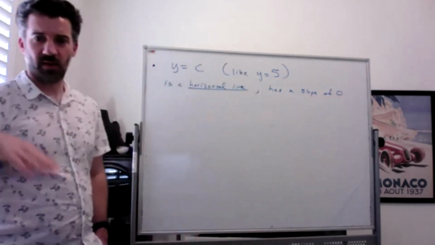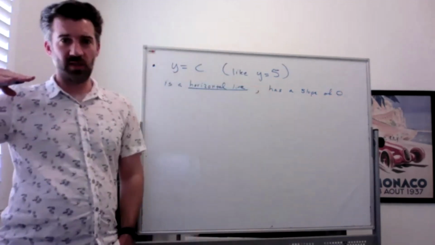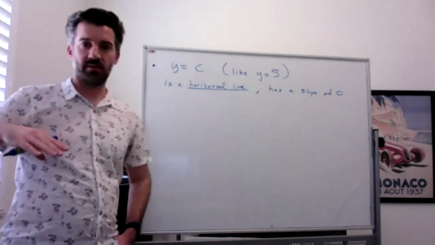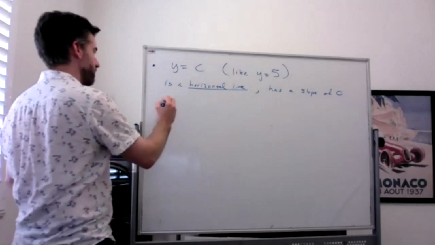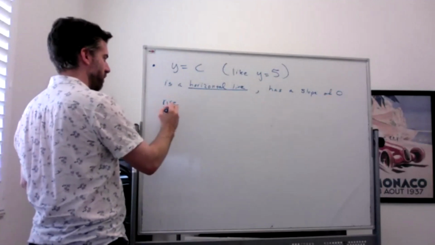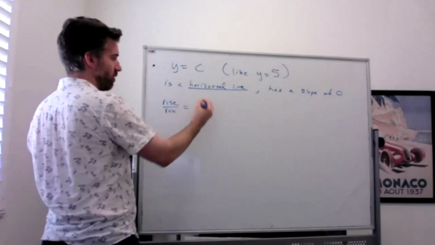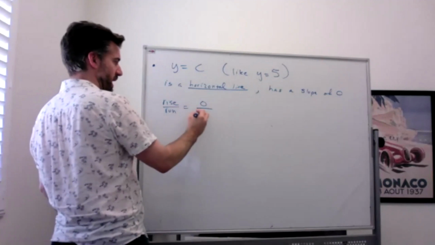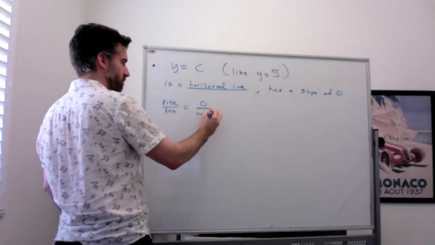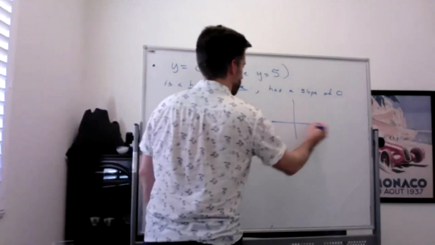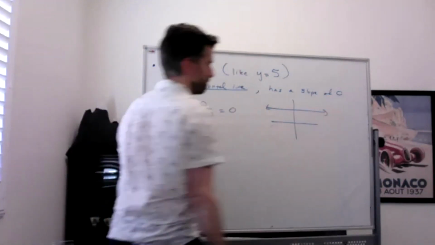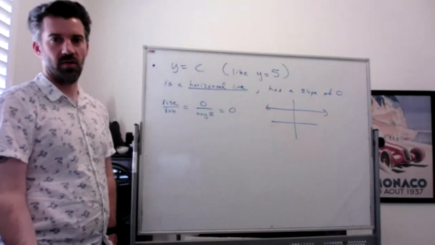And the way I kind of think about a horizontal line is you've got 0 rise over as much run as you want, right? The rise over the run is 0 over any number you want, which is just 0. Right? We get no rise, all run.